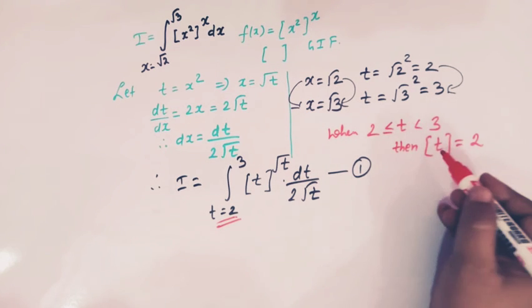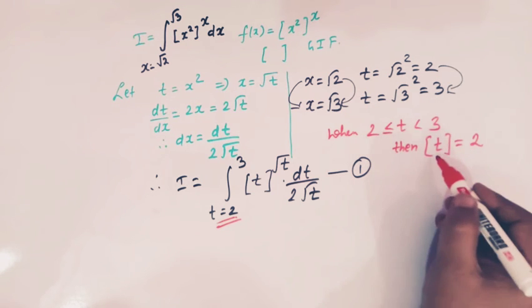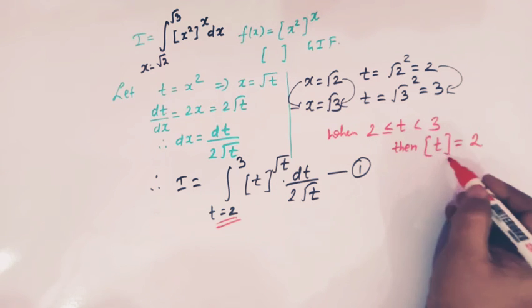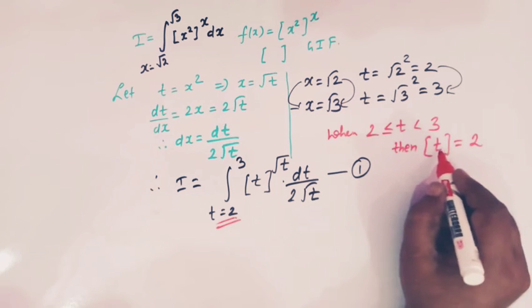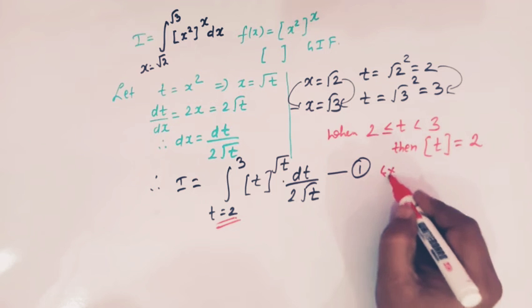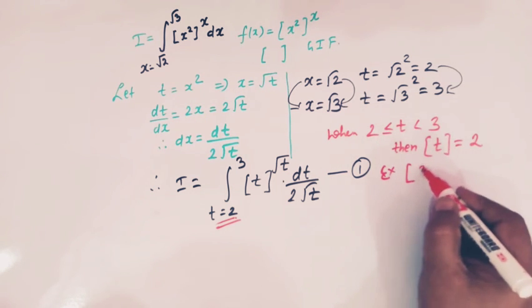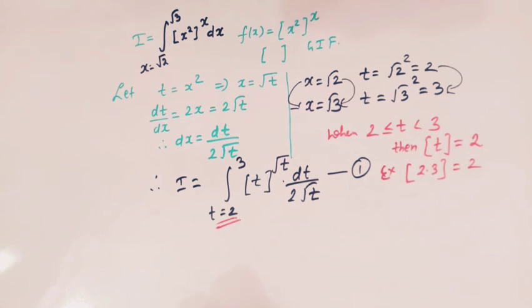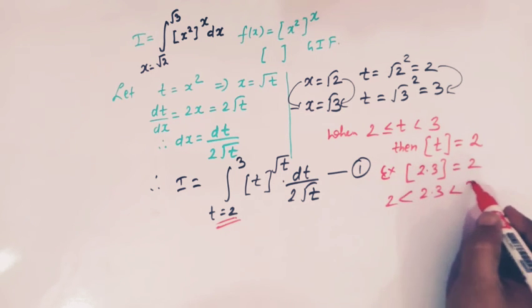By the definition of the greatest integer function, we know that greatest integer t is equal to the greatest integer less than or equal to t. For example, suppose we have a number, say 2.3, then greatest integer 2.3 is equal to 2, and 2.3 lies between 2 and 3.